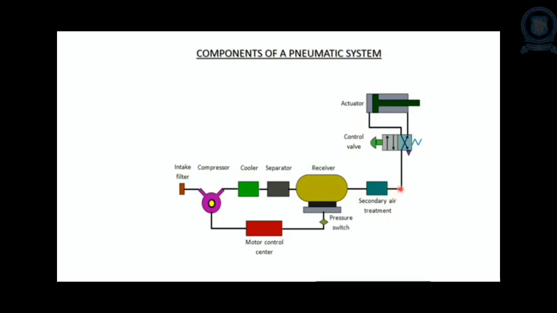Then treated air will be sent to the DCV as usual. Then it is sent to the blind end of the actuator. So work will be done. When the DCV position changes, the opposite work will be done. There is retraction of the piston.